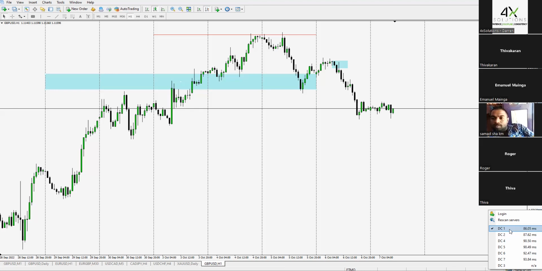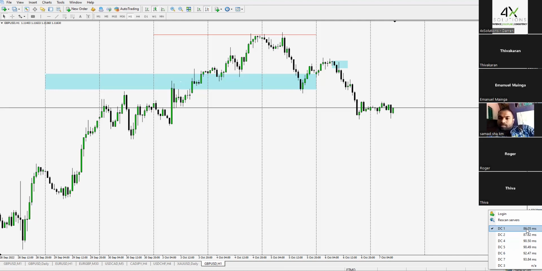So 100 milliseconds is 1 second. The higher this millisecond number is, the higher your latency will be, and the lower the milliseconds, the lower your latency will be. So I recommend that you try and pick a broker with a good latency to your country, and many brokers actually have different data centers in different countries.